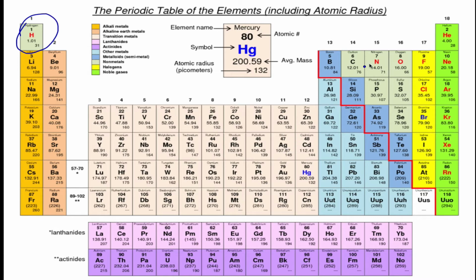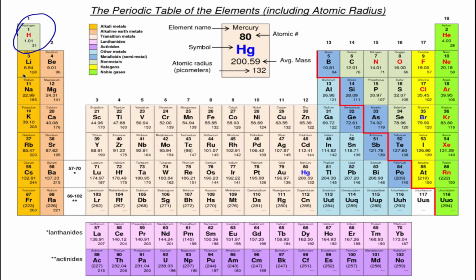So if it bonds with oxygen, it actually creates H2O, water, which is the most abundant form. That's where we find most of our hydrogen on planet Earth here. You can also create an ionic bond with some of these other elements below it. So it will often bond with the alkali metals or the alkaline earth metals to create different substances as well.